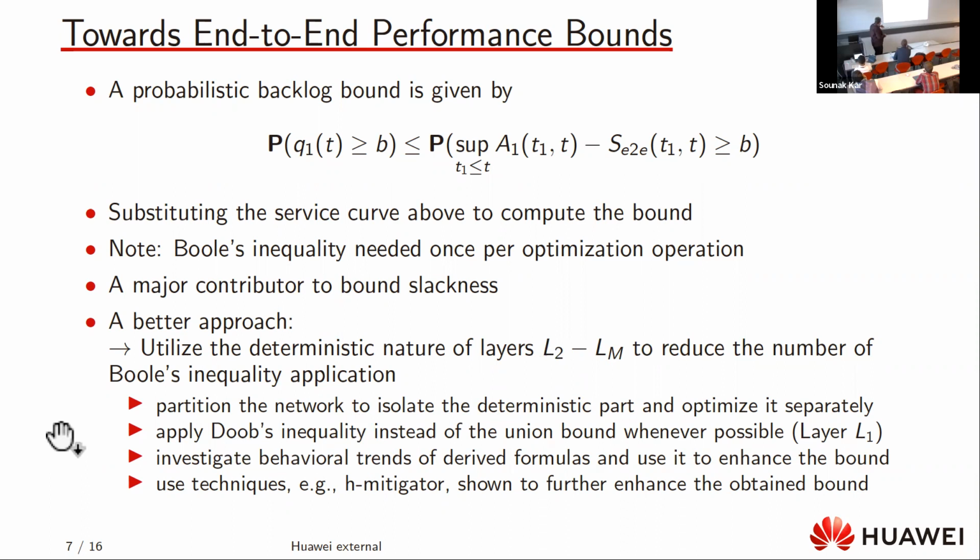And then we can also study some behavioral trends, maybe that can help us improve the bound further, apply some of the techniques that are already in the literature, like the edge mitigator, to further enhance the bound. So the goal here is to get the tightest bound that we can with the available tools.